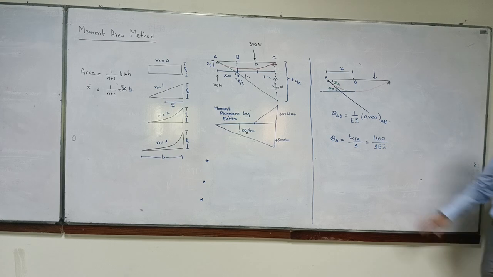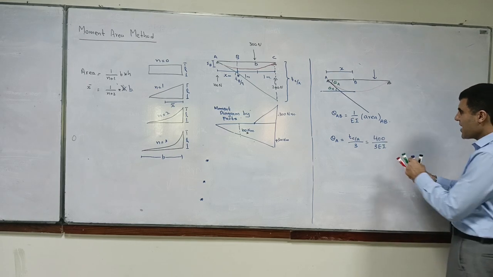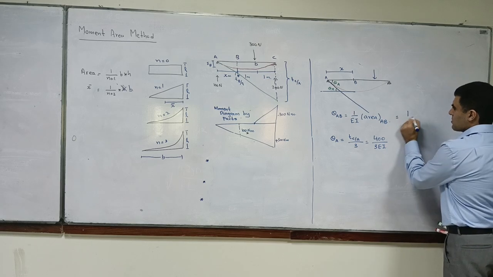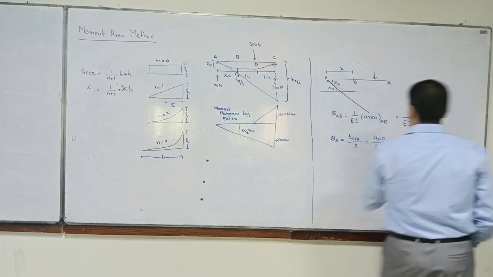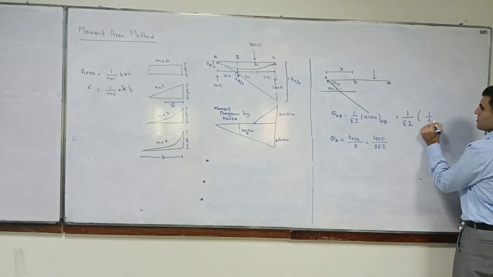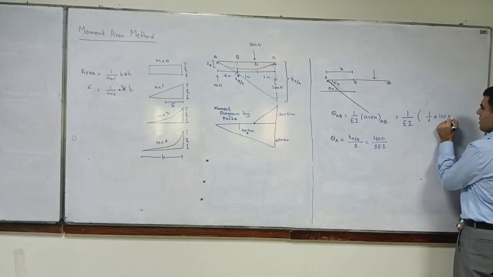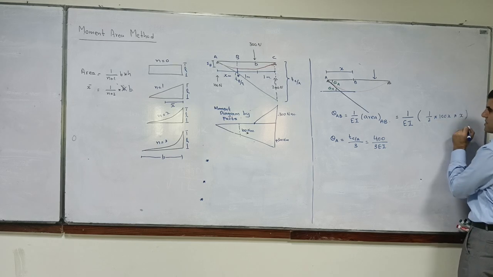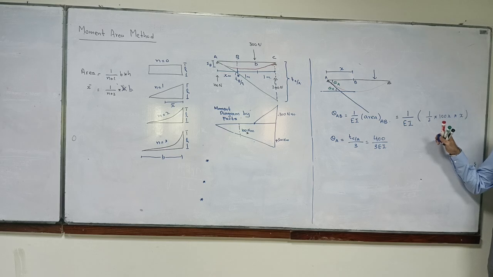Okay, so now what is 1 over EI area AB? What is that? What is area AB? Half into 100x into x, isn't it? Is that true?